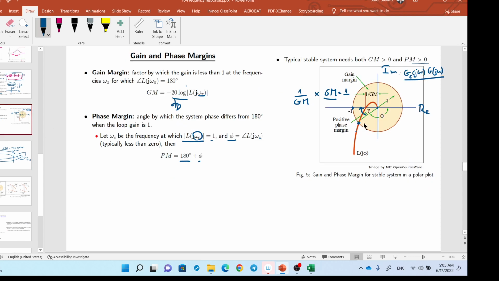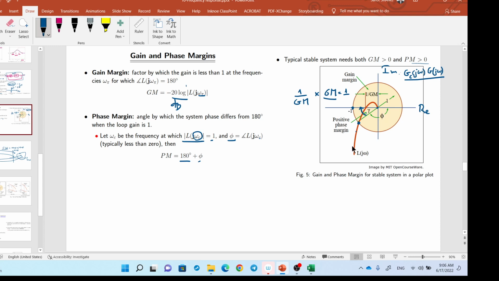So actually, for a proper system, the denominator has a higher degree than the numerator, I mean in s. When we substitute s by j omega, the degree of omega in the denominator is larger than the degree of the numerator.